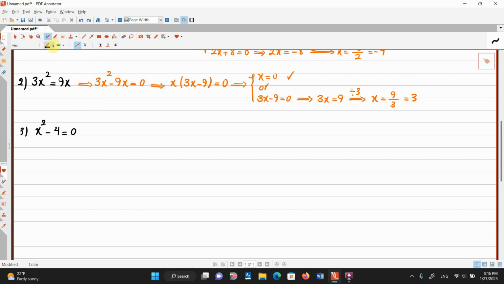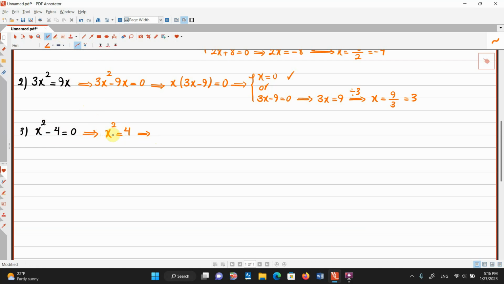As I explained above, to solve this type of quadratic equation, it is better to isolate x squared, or keep the term that includes the quadratic on the left side, x squared, and move the others to the right side. x squared equals 4.